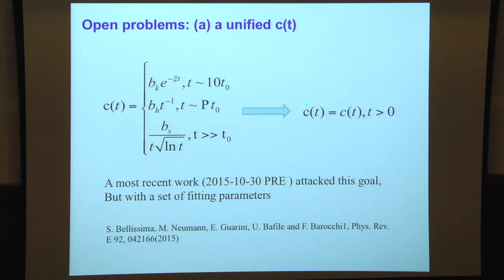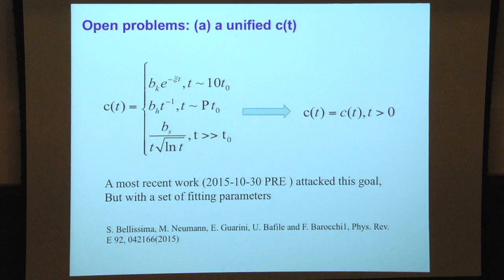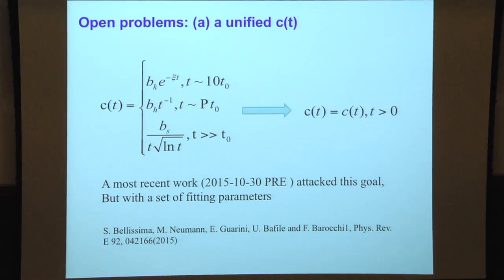So we need a global function for the purpose of calculating the transport coefficients using the Green-Kubo formula. This has just been attempted in a paper published several days ago.